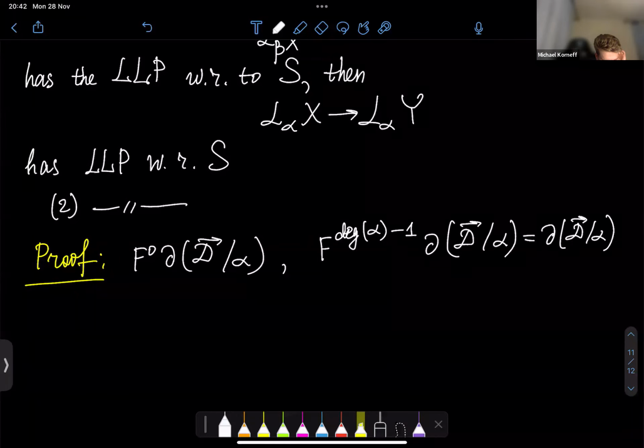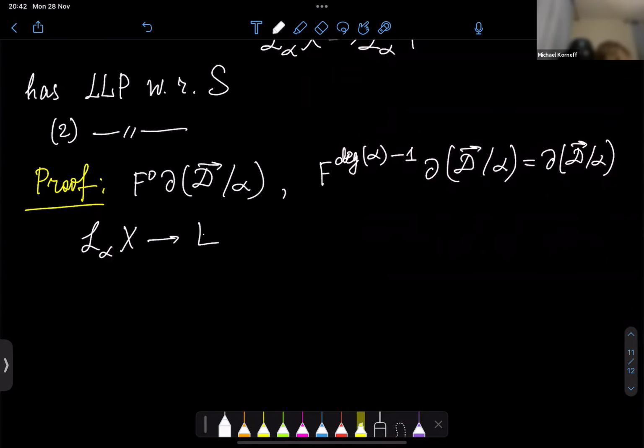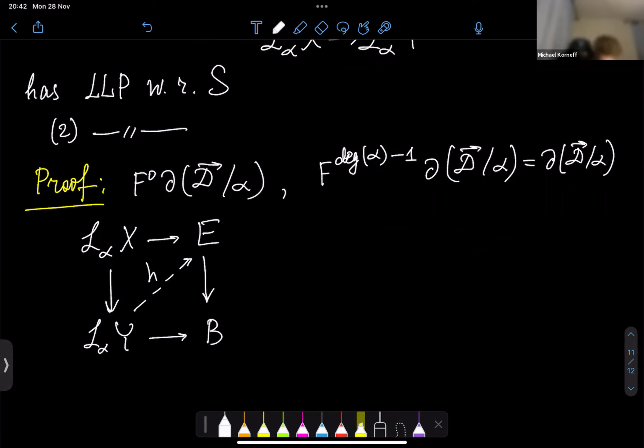And suppose we are given a lifting problem and we want to find the lifting H, and suppose that we have constructed H over. We will construct this arrow from this colimit.